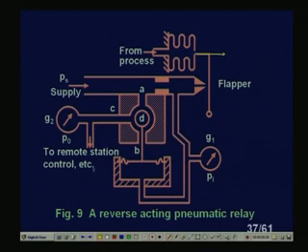That means more signal to the remote station. So this is the basic principle. Other way, if the flapper moves in this direction, the supply will send less air to the gauges, and it will show less.